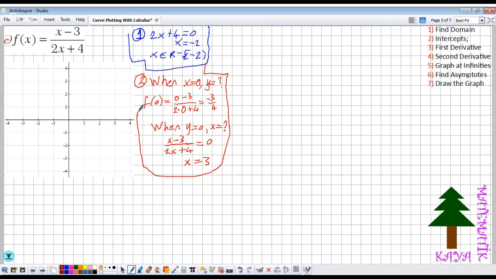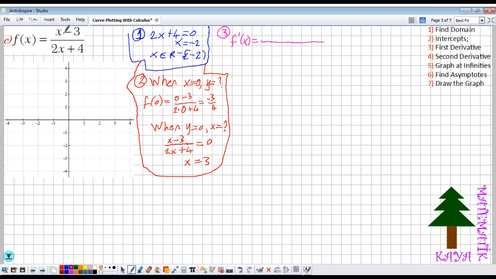Now let's continue to the third step, the first derivative. We should find the derivative of this function. That is the long part with the rational expressions. Here we have a rational expression, so we will use the quotient rule.